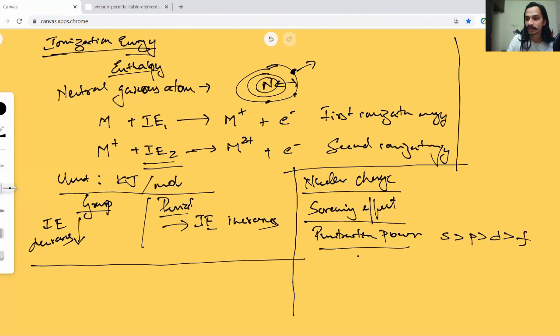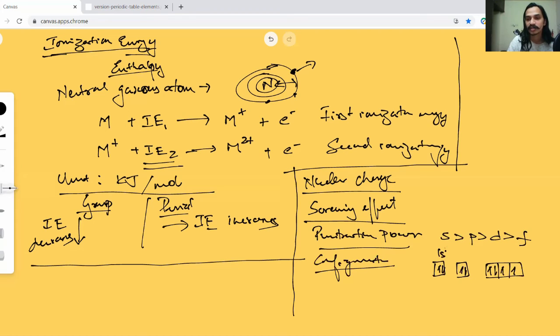Now, one more thing that we have is configuration. What is this configuration? Some atoms have a stable configuration. For example, oxygen has 8 electrons. If you remember, we write it like this: 1s2, 2s2, 2p4. Counting 1, 2, 3, 4, 5, 6, 7, 8.